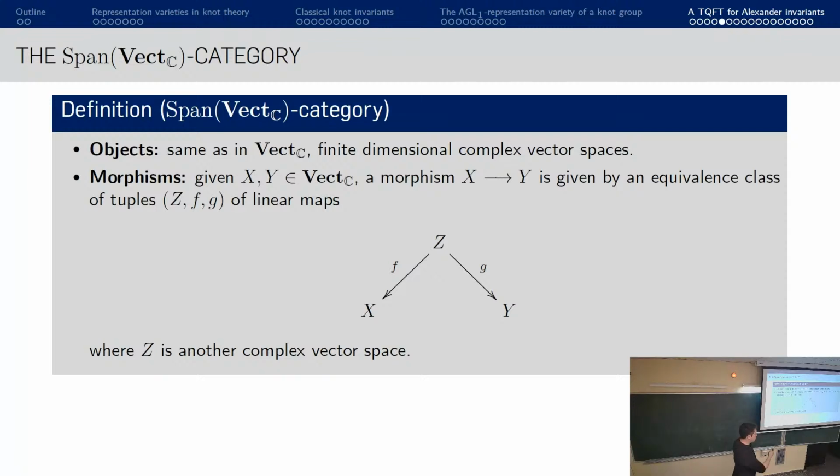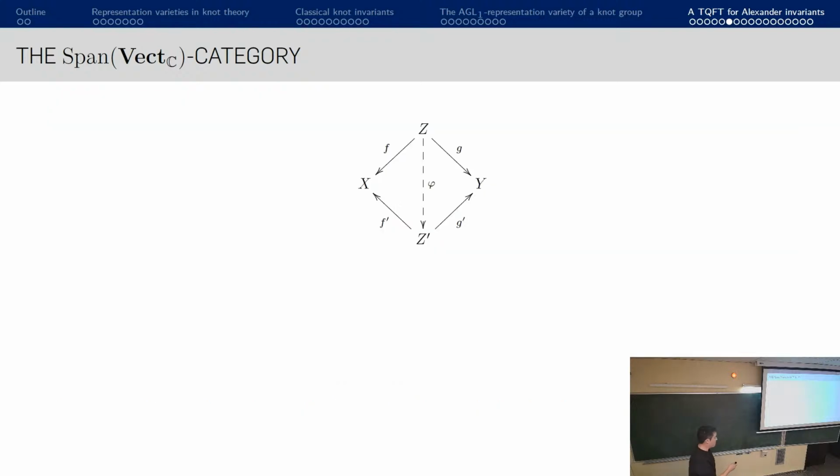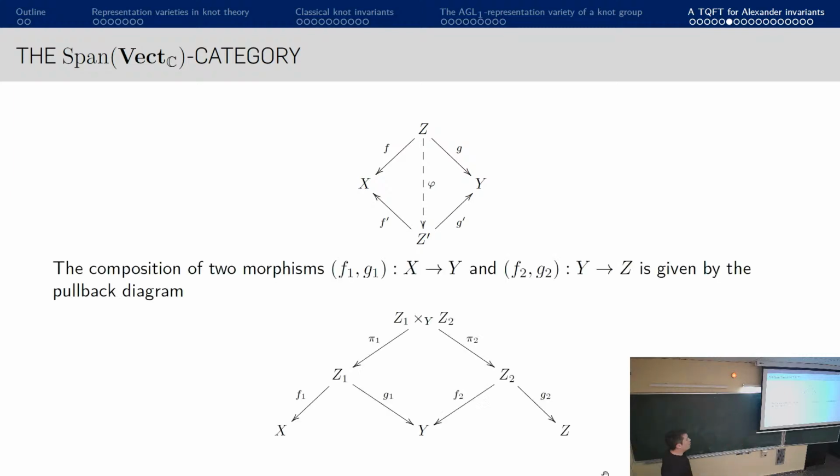It's an equivalence class, because you're gonna declare two spans equivalent anytime that you compose with an isomorphism. So that's the picture. You've got here F prime and G prime, that's a span between X and Y. And then if you compose with an isomorphism, you get another one, F and G, and you're gonna declare those two equivalent. Okay, so that's the span vector category.